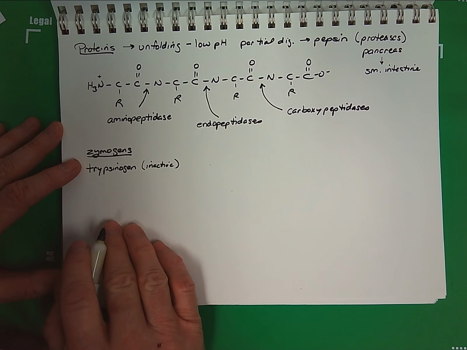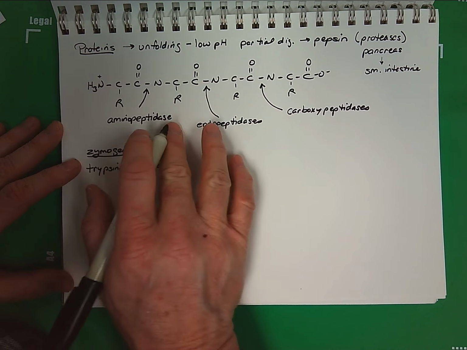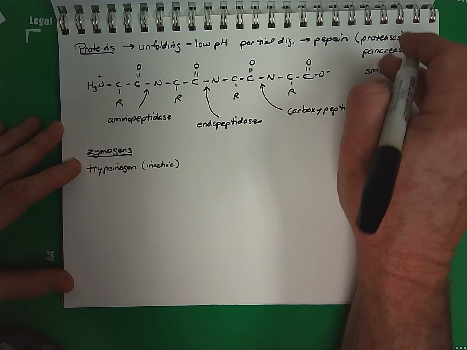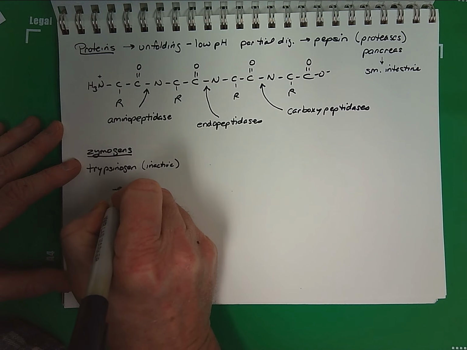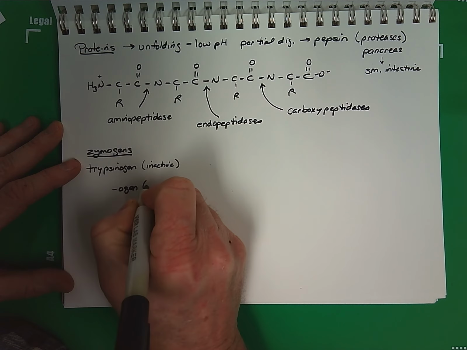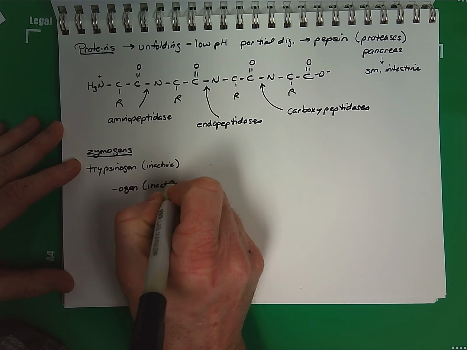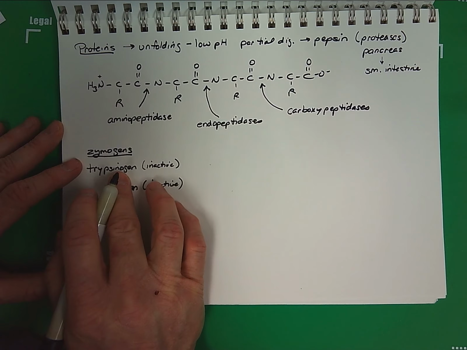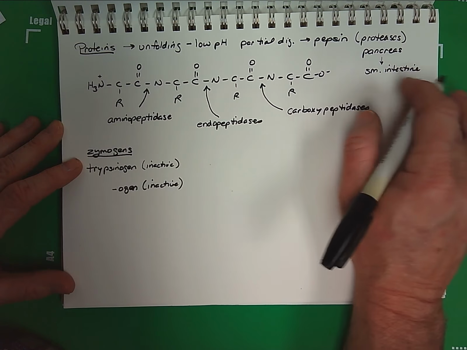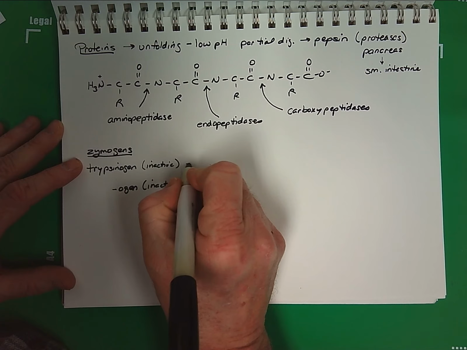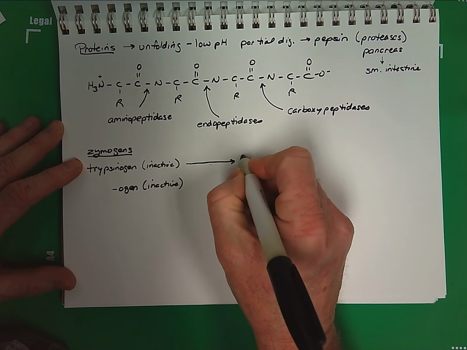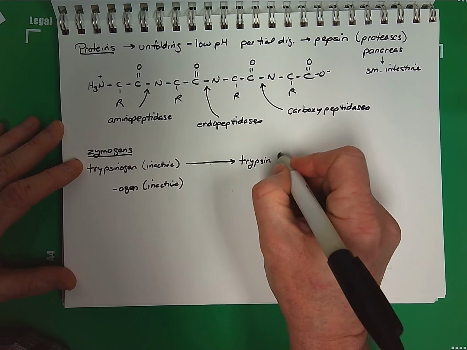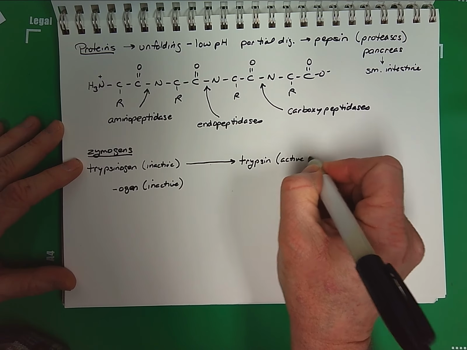A series of other enzymes, aminopeptidases, endopeptidases, and carboxypeptidases, are also synthesized in the pancreas in their inactive zymogen forms. When the trypsinogen reaches the small intestine upon secretion, what happens is it is converted into trypsin, which is active.